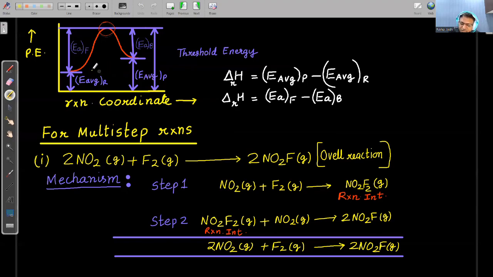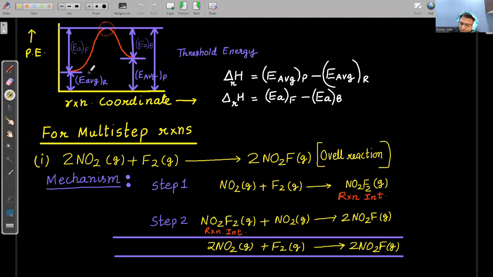Most of the time the reaction takes place at constant pressure and temperature, so the difference of the average energy of reactant and product will give you the heat of reaction at constant pressure, that is delta H. So delta H of the reaction is equal to E average of product minus E average of reactant, or in terms of activation energy, activation energy of forward minus activation energy of backward.